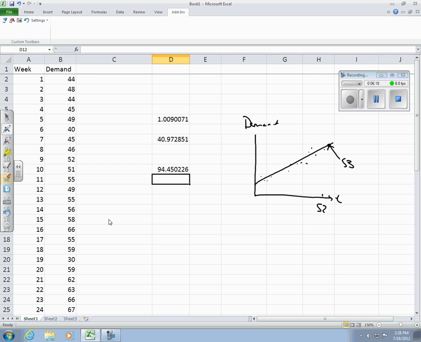So that point right there would be the 94.45 in this example. And that's how you might use a linear trend equation to forecast future sales. It tells us what the slope is, and that slope is analogous to growth we're experiencing, or it could be decline. In our example, it's growth. Okay, that's linear regression.